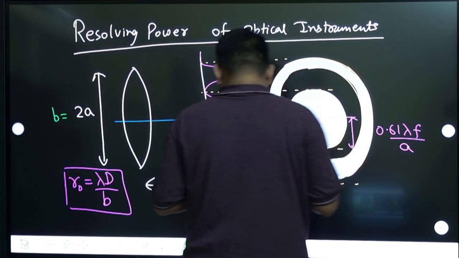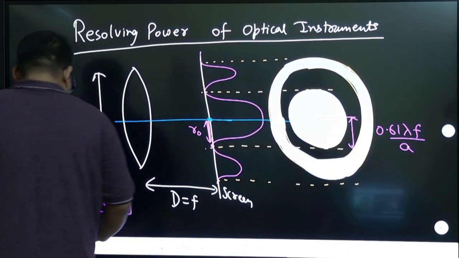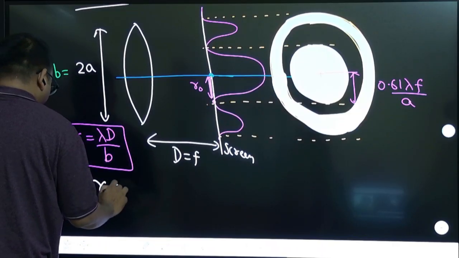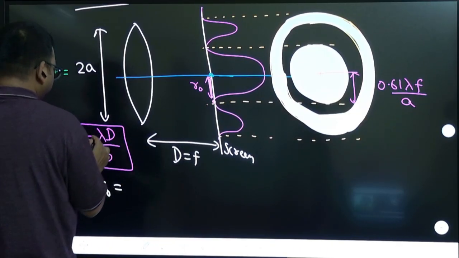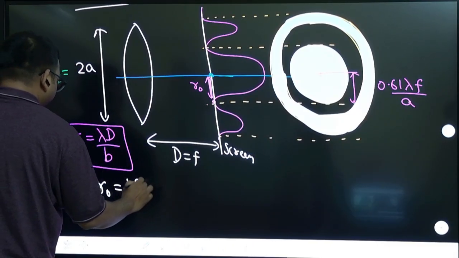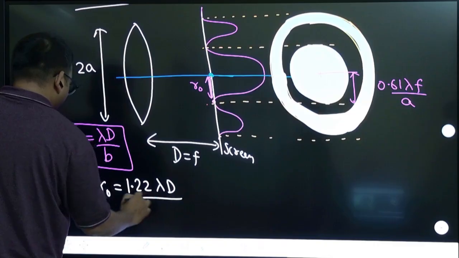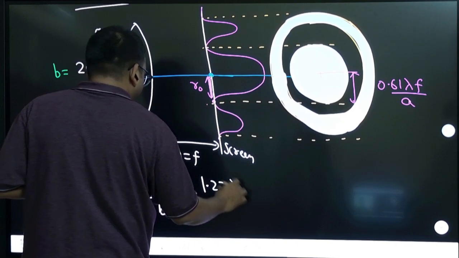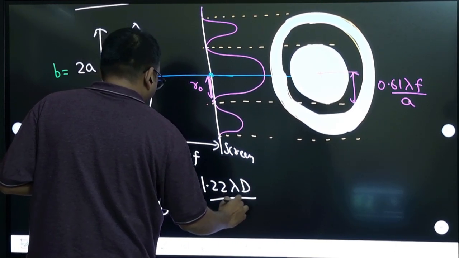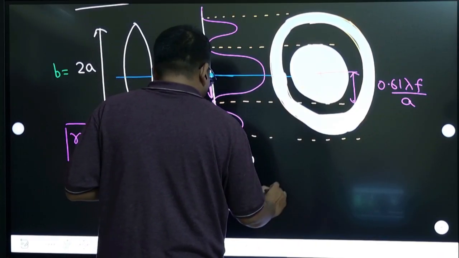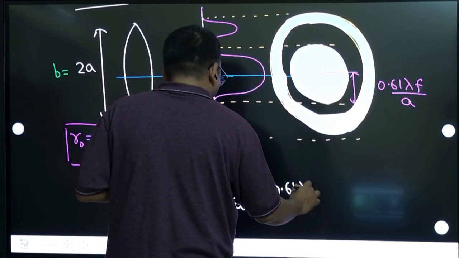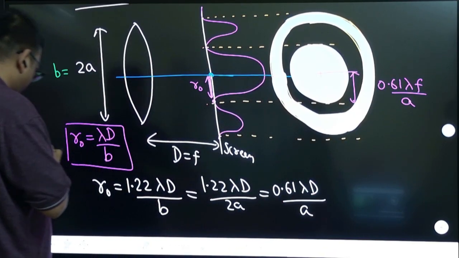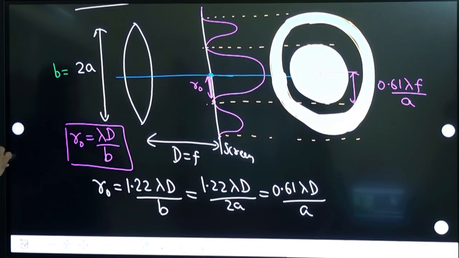So this radius r naught is of course nearly 1, but according to experiment, 1.22 lambda d by b comes. If you substitute b as 2a, you will get 0.61 lambda d by a. That's the radius of the bright spot. So this thing we have to note first.